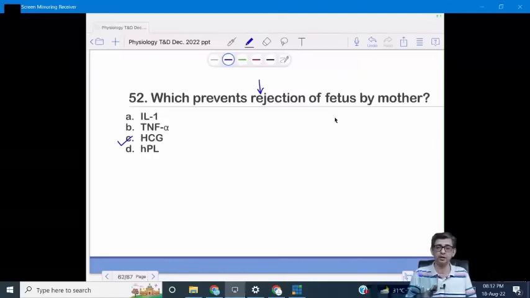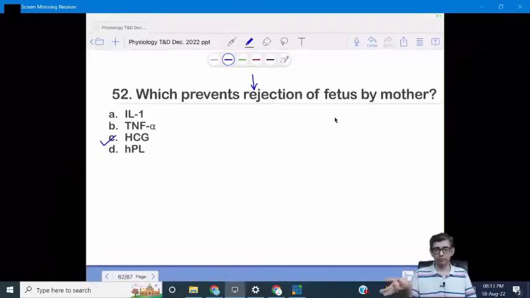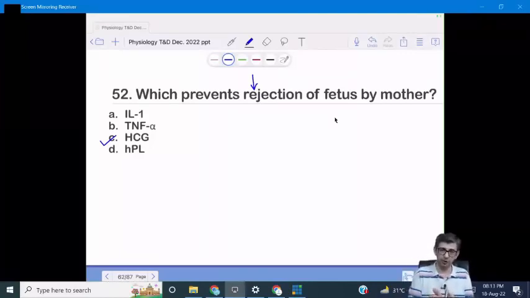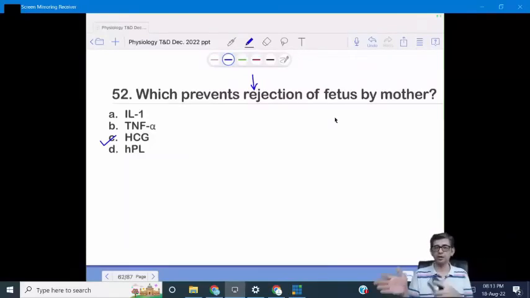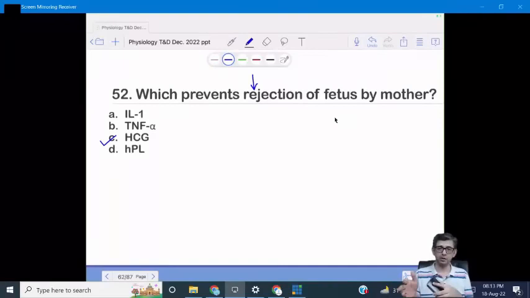HCG is important for pregnancy maintenance, but at the same time one of its important functions is that it acts like an immunomodulator. It helps the mother's immune system react to the fetus as self. The immune system is always about self and non-self: if it is non-self, kill it, but here it is not going to attack the fetal tissues. The blood of the mother comes in contact with the blood of the baby, but the immune system of the mother does not attack the baby, thanks to human chorionic gonadotropin. Answer to 52 is option number C.